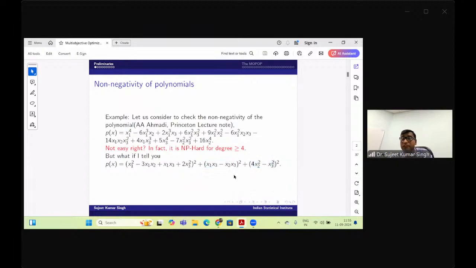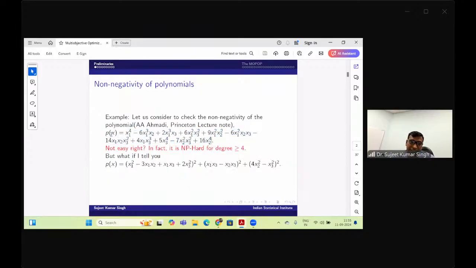Just observing it, one can easily conclude that this polynomial is non-negative. Why? Because it is a sum of squares, so each term is non-negative, and the sum of non-negative terms is non-negative. Observing the latter polynomial, one can conclude that it is non-negative, whereas observing the first polynomial, it is not easy to check.